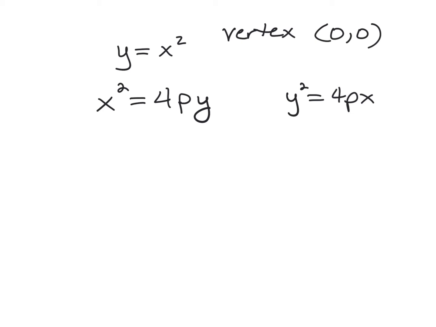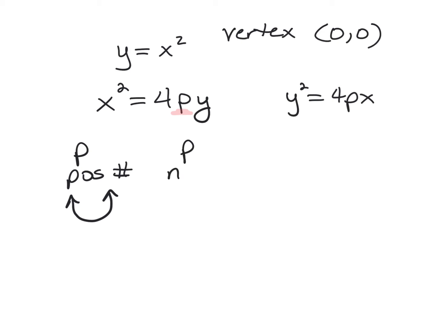Coming up in the end of the notes, when we have our vertex that's not at 0, 0, we're going to be introducing h and k again, just like we did when we completed the square. Now, again, just to recap, when your p-value, this thing right here, is a positive number, we know our graph is the happy parabola, and this is with the x squared.